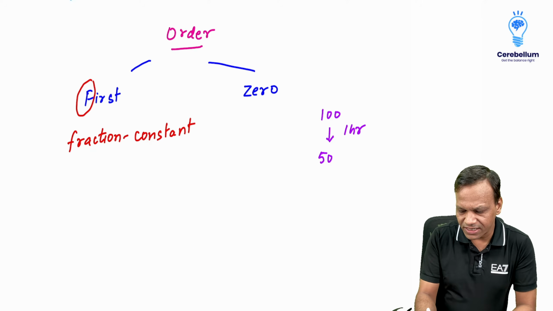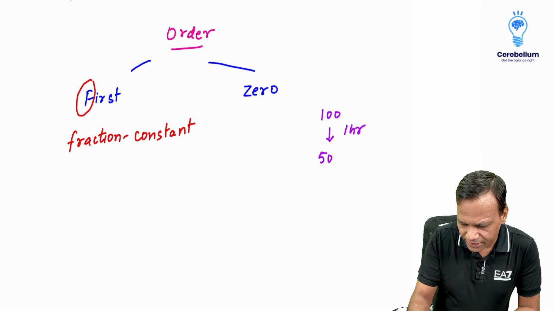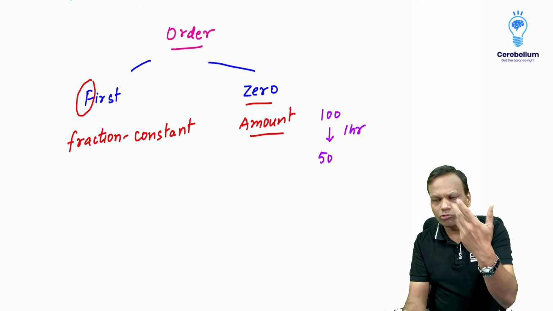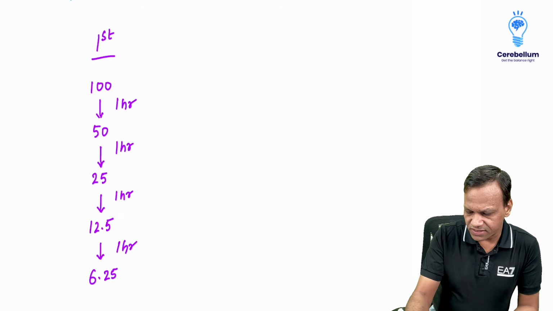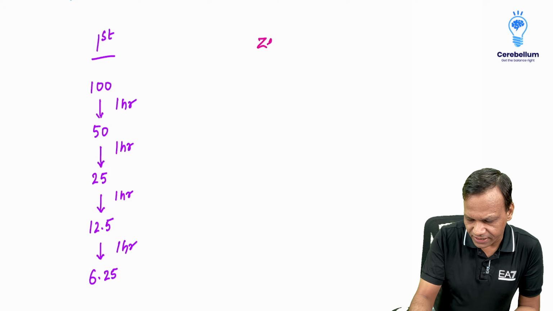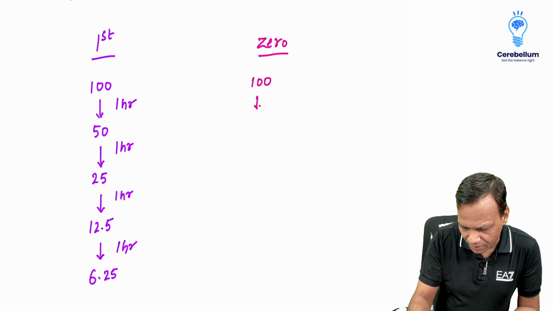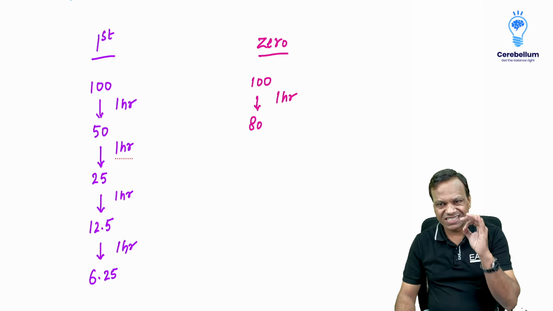On the other hand, in zero order kinetics, it is a constant amount, not a fraction. It is not a percentage; a constant amount of drug is eliminated. If I write zero order kinetics here, suppose from 100 it becomes 80 in 1 hour. How much is eliminated?